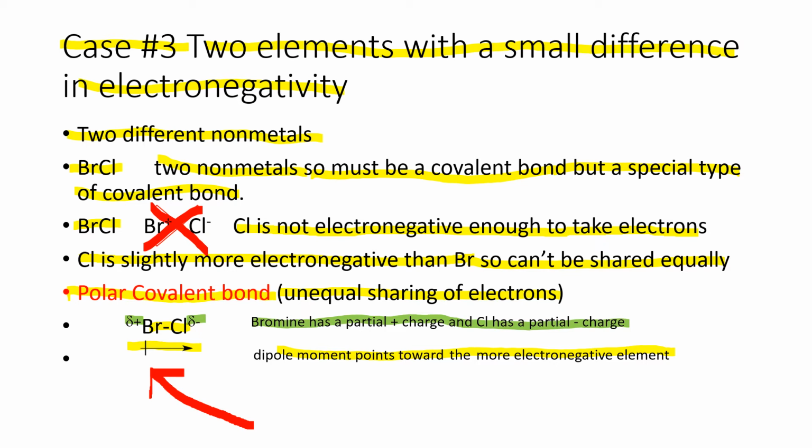That means away from where the arrow is pointing is going to have that partial positive charge. You can see it kind of looks like a plus sign. That's a symbolic way of representing this dipole moment. So we call this type of bond a polar covalent bond because there are two distinct regions, two distinct poles on the molecule.